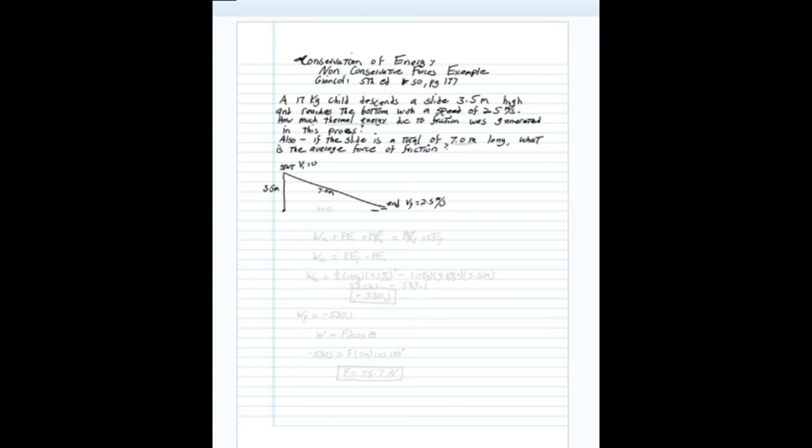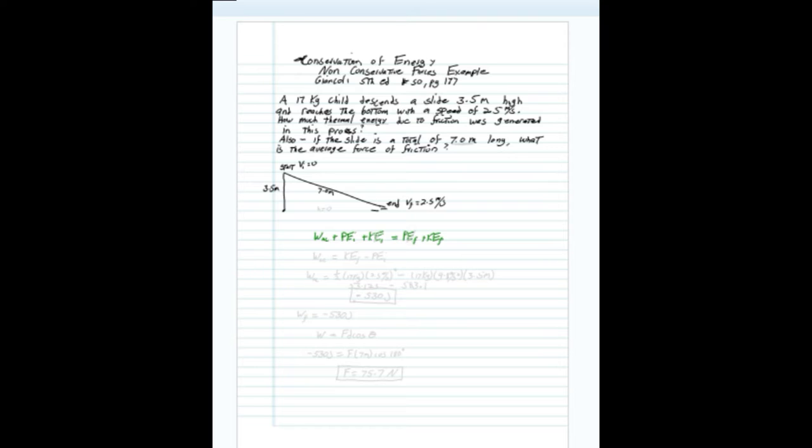So we're going to write out work non-conservative plus PE initial plus KE initial equals PE final plus KE final. Okay, now since there is friction working against the child as they slide down the slide, we're going to keep the work non-conservative.